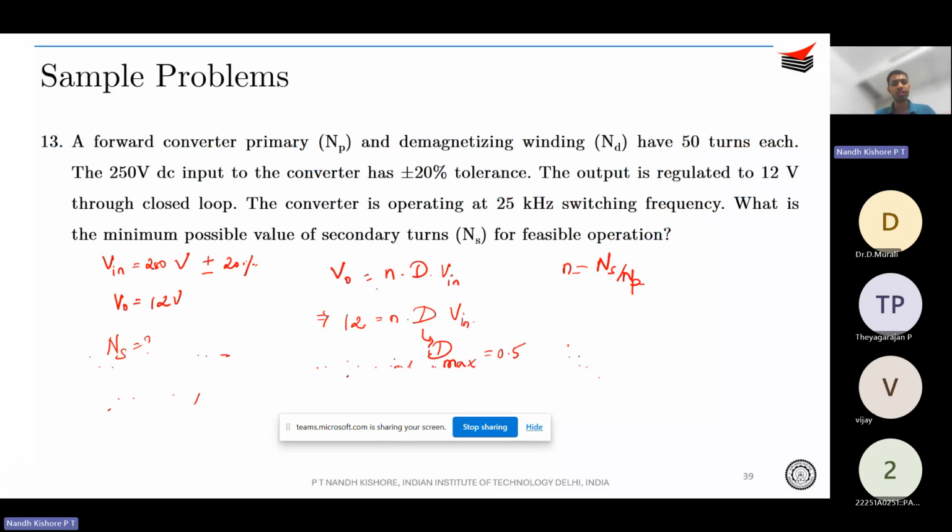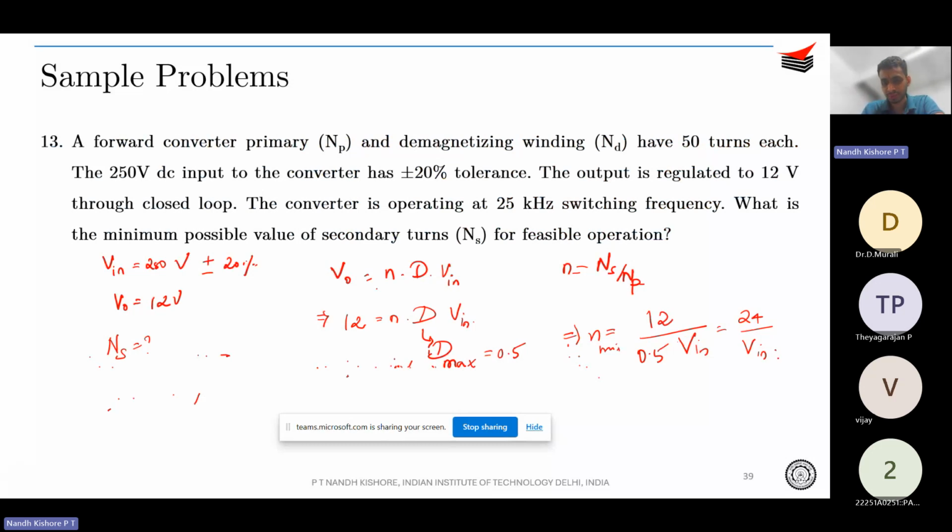Okay. So now the question is, what is the minimum value of N that you require? Or I can write it, N is equal to 12 divided by 0.5 into V in, or 24 by V in. Okay. If you want N minimum, right?